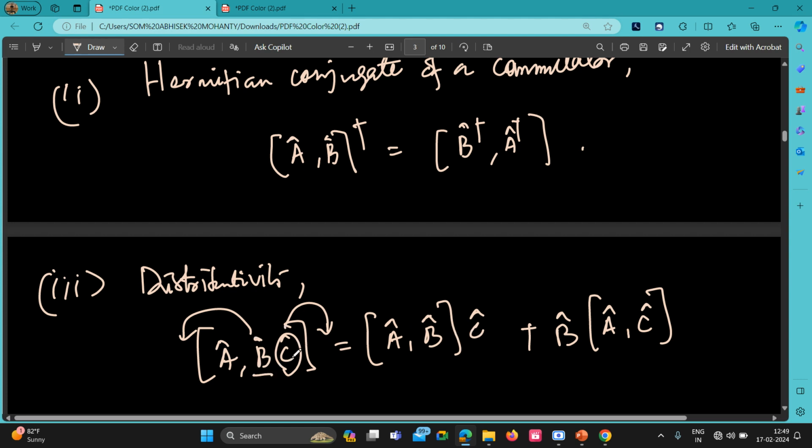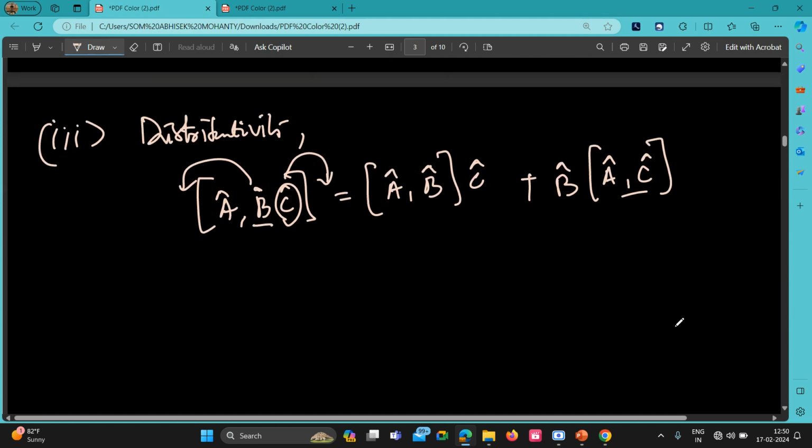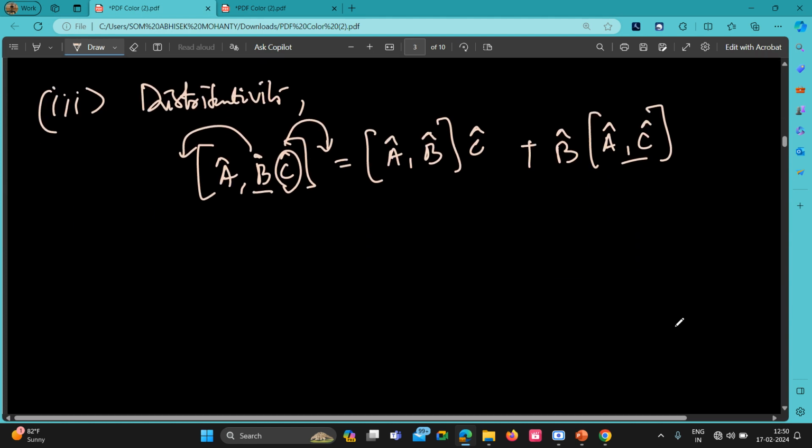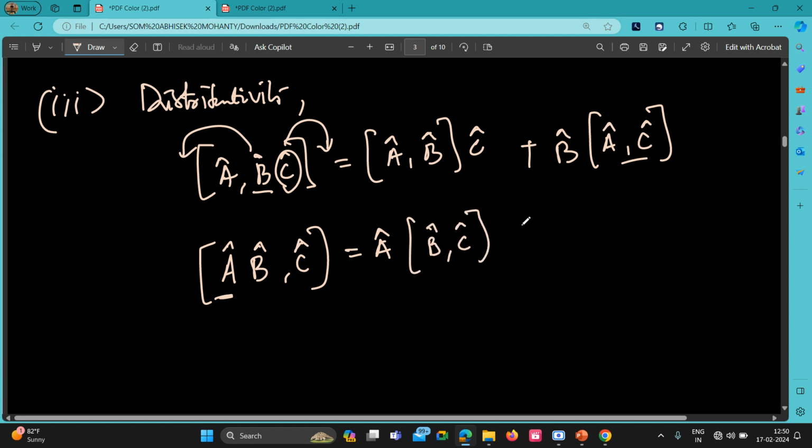B is to the left of C, so B comes out to the left of the commutator. This is a very important property. Likewise for AB with C: A is to the left of B, so it comes out on the left, and B is to the right of A, so B goes out on the right.